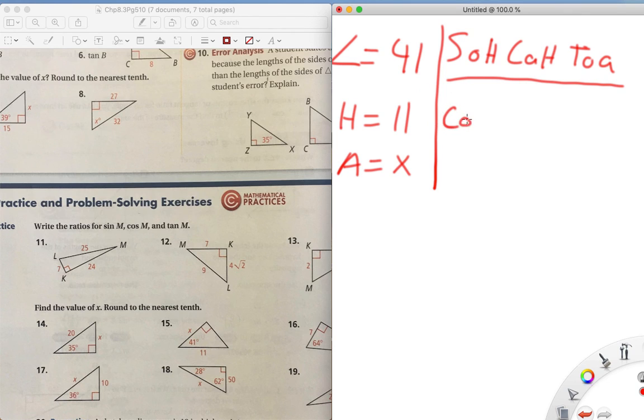So when we write our equation out, it's going to be cosine of 41 degrees is equal to adjacent over hypotenuse. So adjacent is x over hypotenuse, which is 11. When I solve for x, I'm going to multiply both sides by 11, since x is being divided by 11. We want to do the opposite operation.